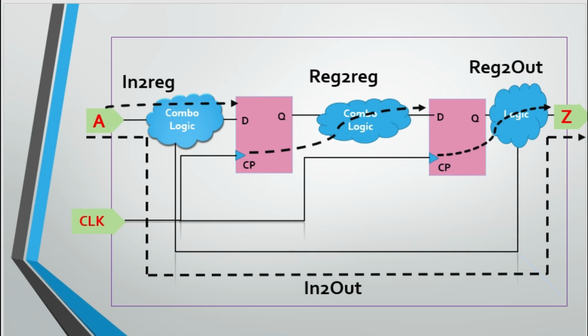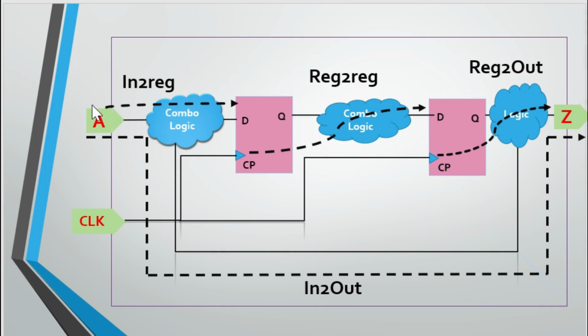A STA tool breaks down the entire design into timing paths, calculates the delay along each path, and then verifies every path for a max time or a min time violation. As you can see, four types of timing paths are possible in a design: from an input port to a register, from a register to register, from a register to an output port, and from an input port to an output port.